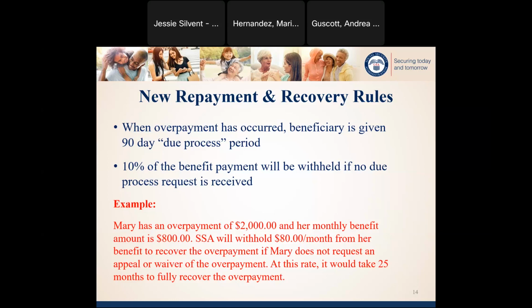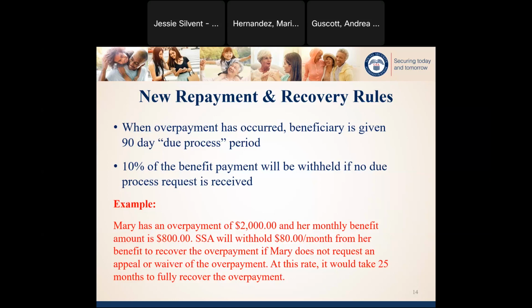Now, one of the major changes is that 10% of the benefit payment will be withheld if no due process request is received. So if that person does nothing after receiving the overpayment notice, only 10% of their payment will be withheld for recovery rather than the entire benefit, which is what previously happened before these new rules were put into place.